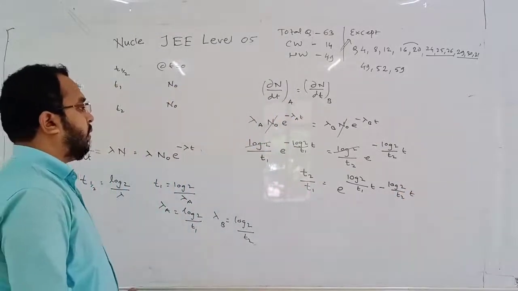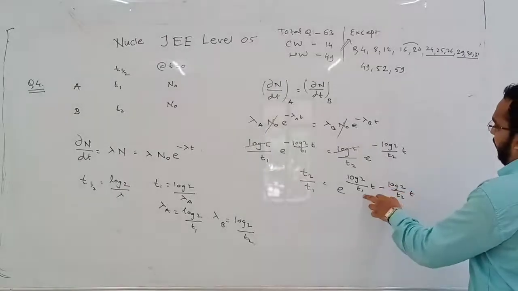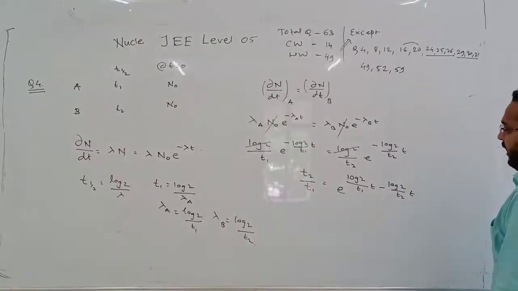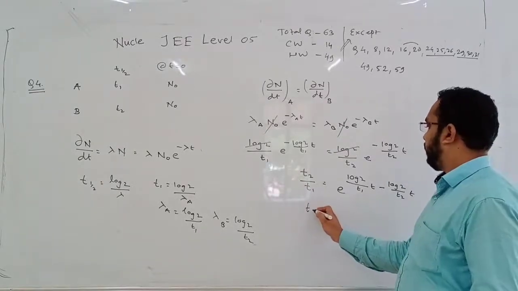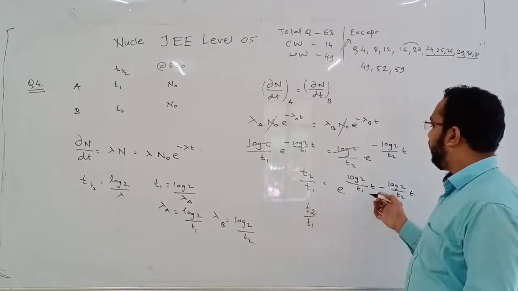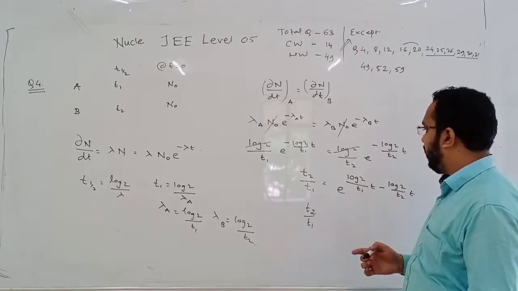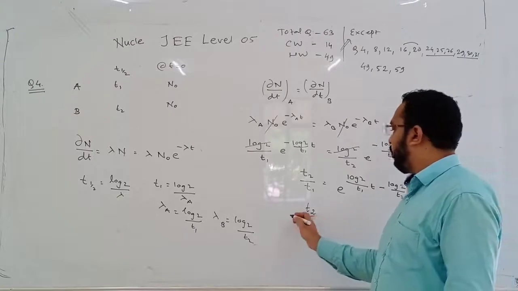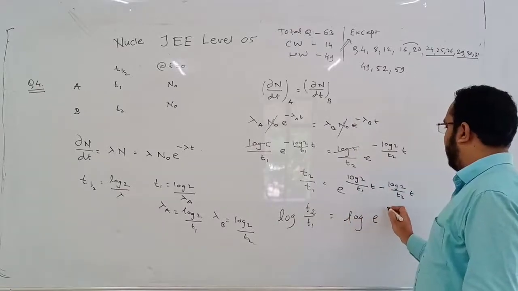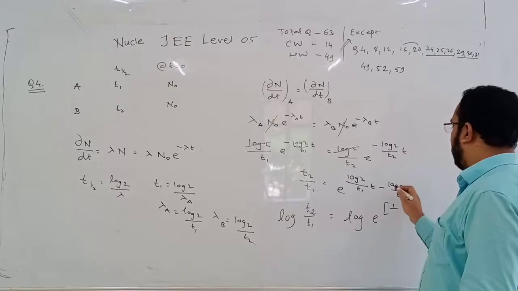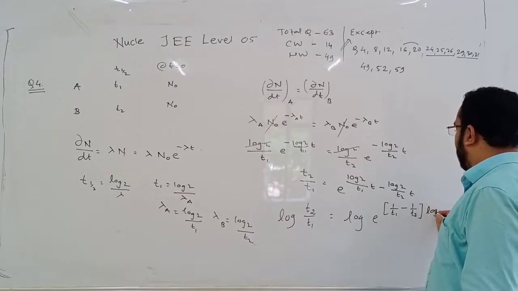Now from here, the terms we can take common are log 2 and t. Or we will do one thing: take log of both the sides. We will get log T2 by T1 is equal to log e to the power. From these two brackets, we can take log 2 and t common. It will be 1 by T1 minus 1 by T2 into log 2 into t.